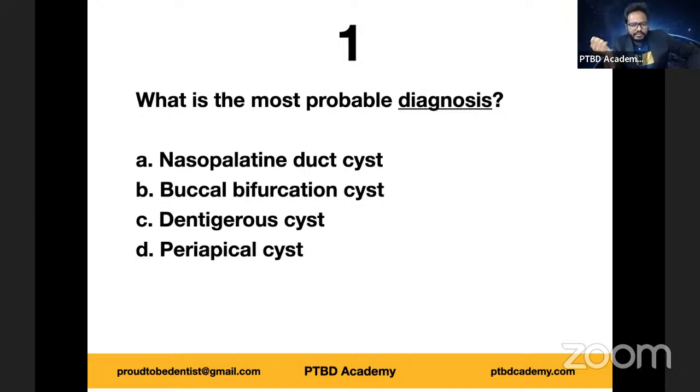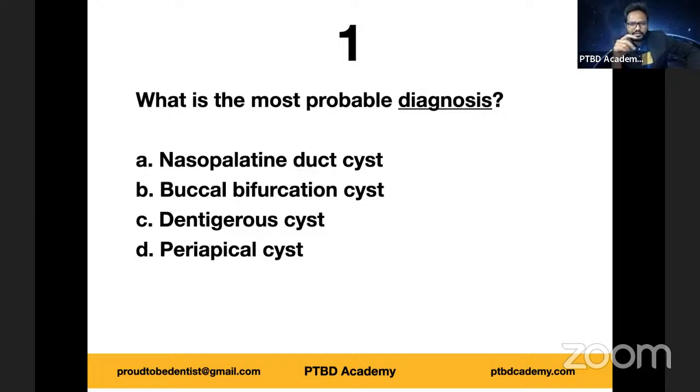What about dentigerous cyst? If you had observed the radiographic image carefully, there is no radiolucency with the crown as an epicenter. Rather, the radiolucency seems to be encompassing the entire tooth. I hope you noticed all those things. Anyways, we'll go back to that slide once again, don't worry. What about nasopalatine duct cyst?